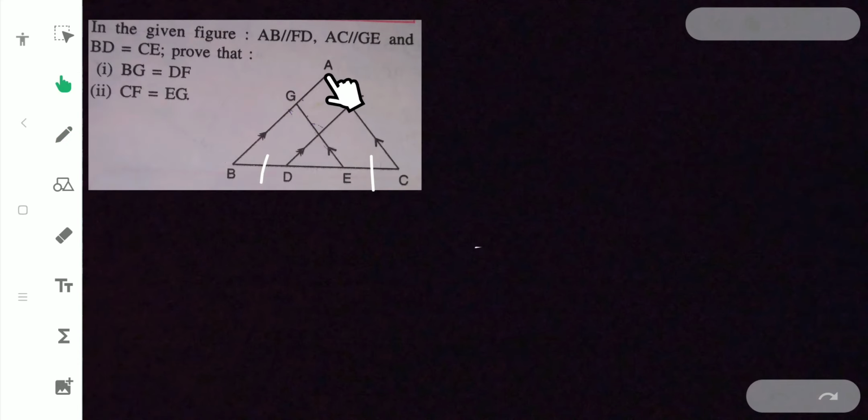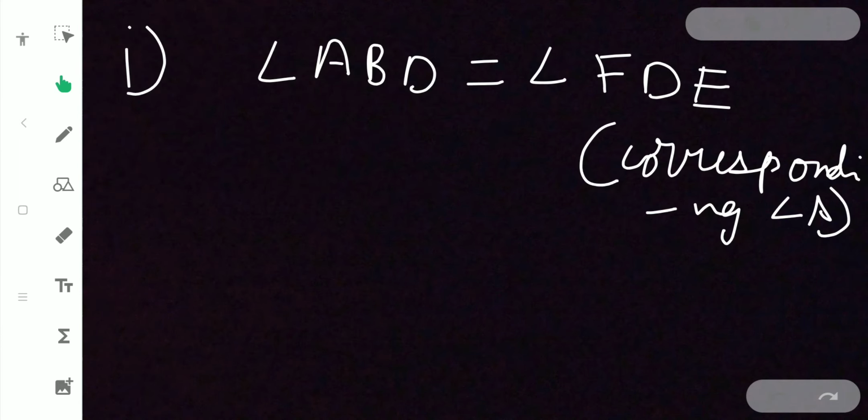Angle ABC or angle ABD, you can also write it as angle GBD. The angle name should have the vertex in the middle. It is equal to angle FDC, I have written, or FDE. Any angle is correct.